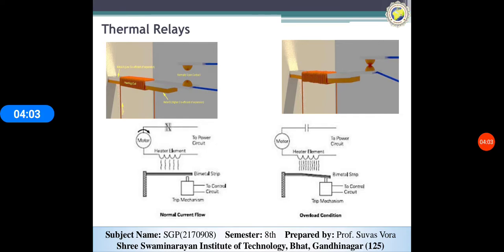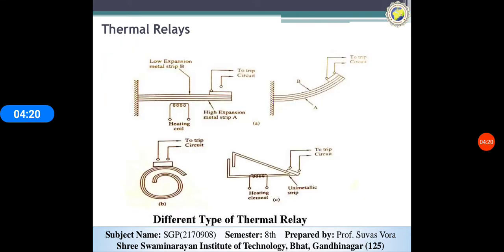The symbol of the thermal relay consists of a bimetallic element. The bimetallic element consists of two elements of different thermal linear expansion joined together. You can see the figures of different types of thermal relays.